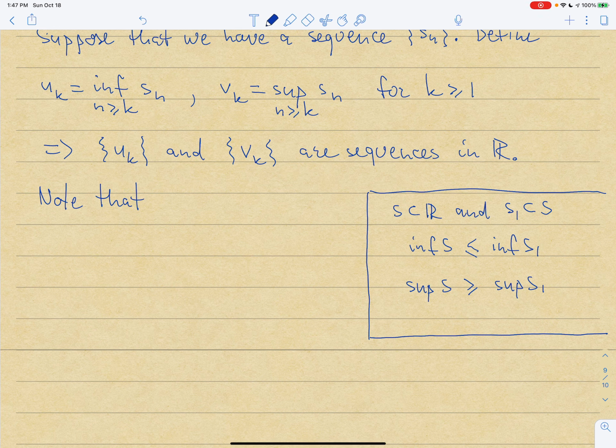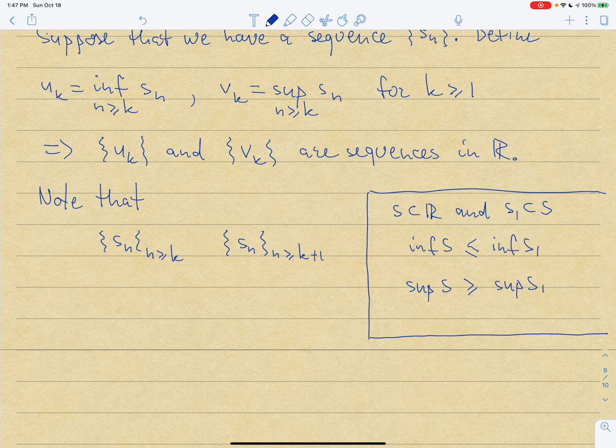If I think about two sets, one set is going to be Sn, n greater or equal than k, and another set is going to be Sn, n greater or equal than k plus 1. What can I say about those sets? Are they related in any way?